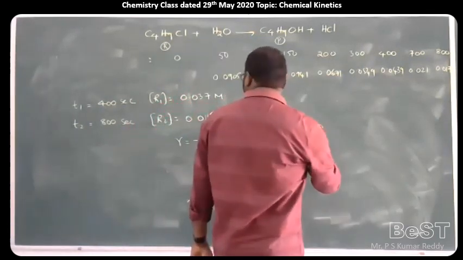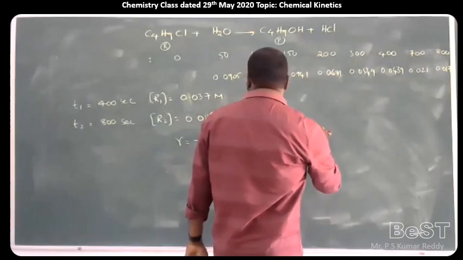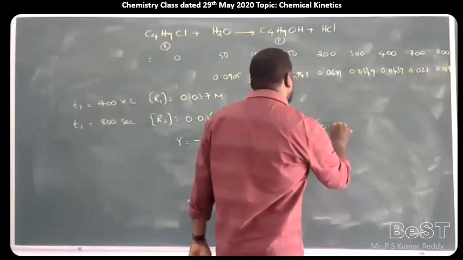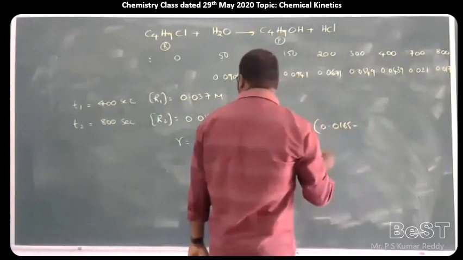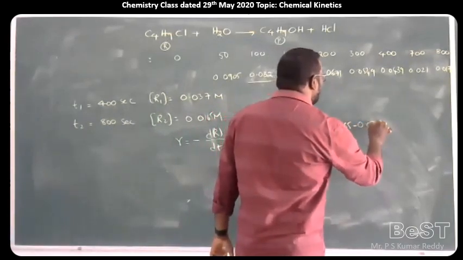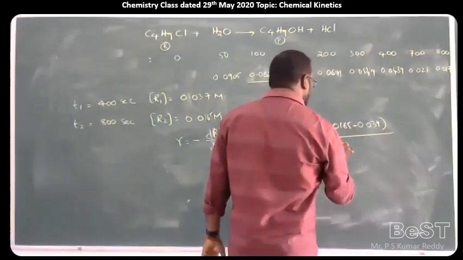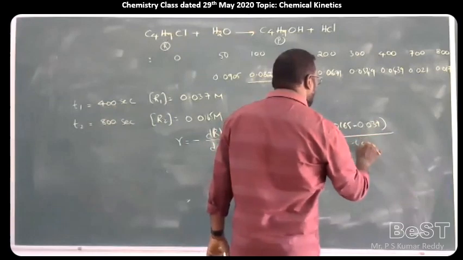So R2 is 0.0165 minus 0.037 by 800 minus 400.